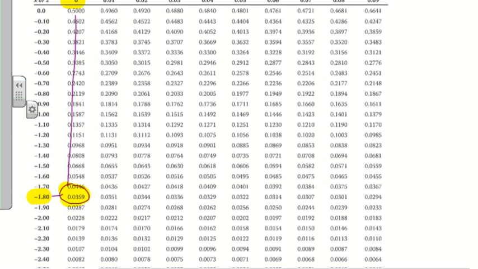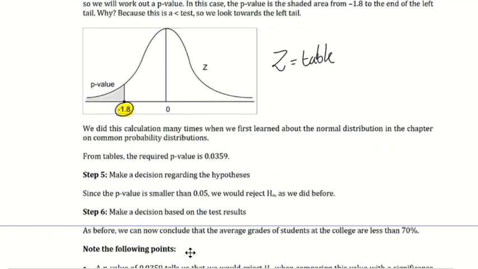Everyone comfortable with that? But just in case you weren't given a negatives table, all I do is take the same number I got and do 1 minus that, which I showed you on the first table. At the end of the day, we've got our p-value of 0.0359. Let's go back to our main page. From the Z tables, my p-value is 0.0359.